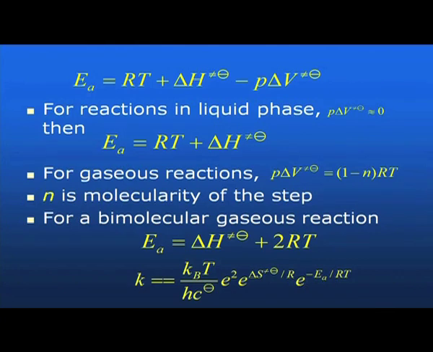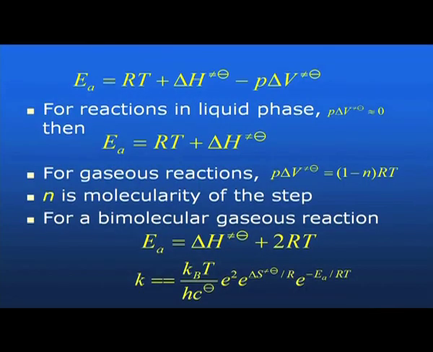Okay. And if you call this activated complex formation an elementary step, then if there are 2 species, 2 molecules on the left hand side, it will be a bimolecular elementary reaction.